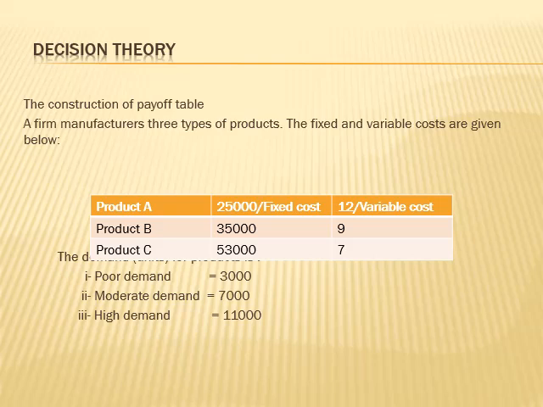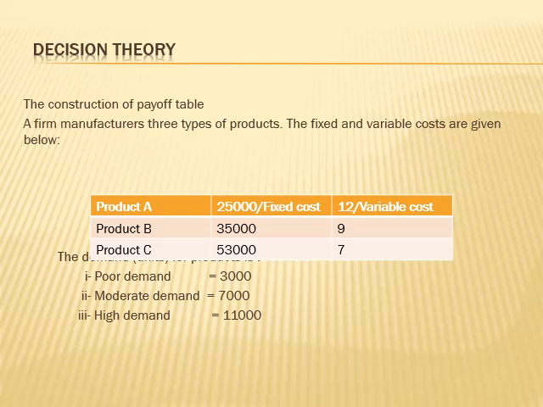So, for example, if product B faces moderate demand, then the demand of product B equals 7,000 units. If it faces poor demand, then the demand of product B equals 3,000 units.